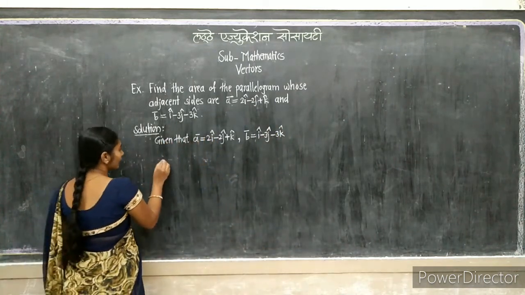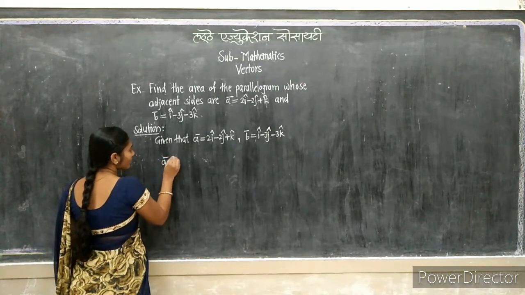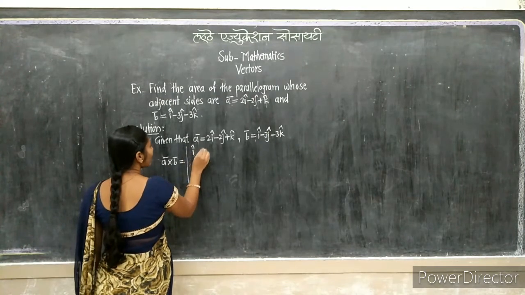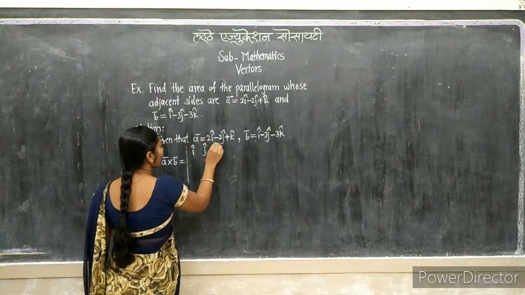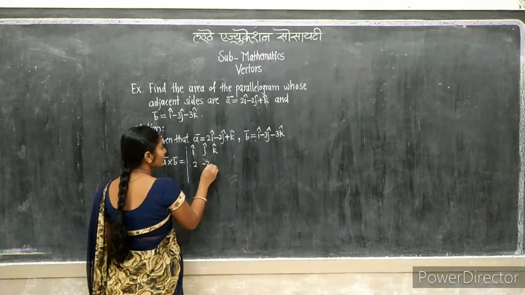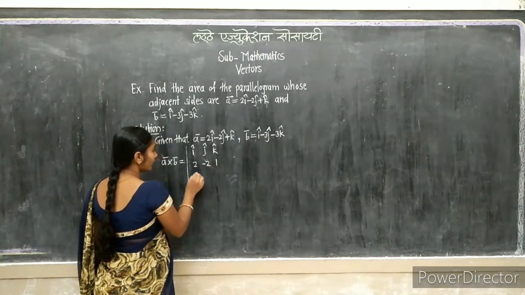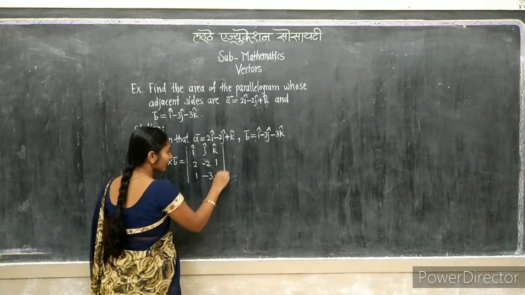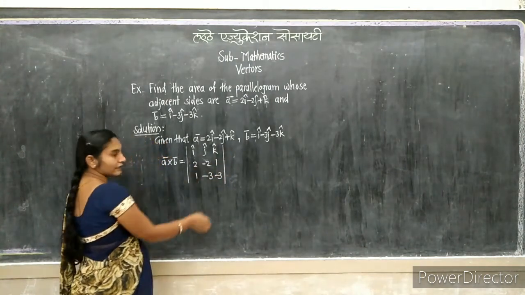Then the cross product a bar cross b bar is equal to the determinant: i cap, j cap, k cap; a bar: 2, minus 2, 1; b bar: 1, minus 3, minus 3. Expand this determinant.